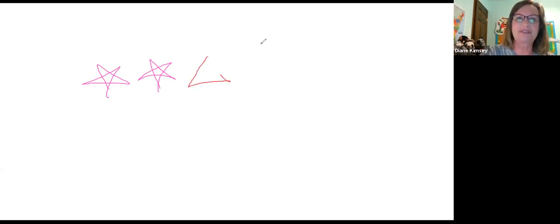We're going to work with number bonds, and these are things that we start at the kindergarten level with the kids. And so perhaps we have pink stars, and I'm going to just change the color, and we have an orange triangle, okay?